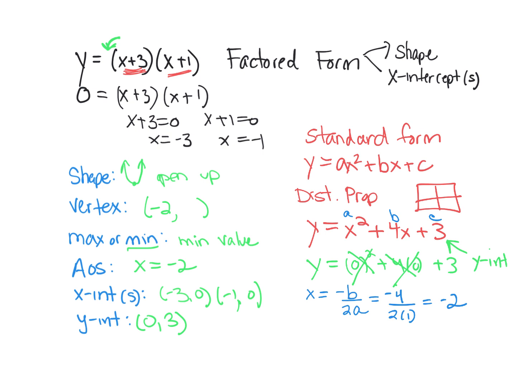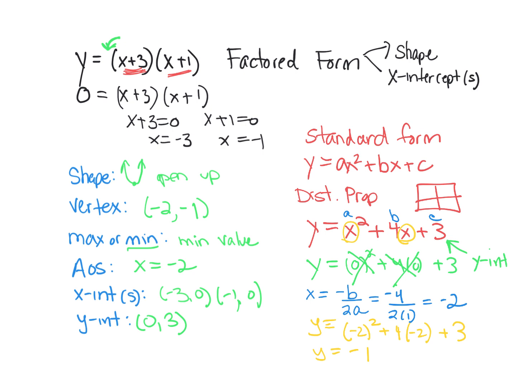Now, if I want to find out what the y-coordinate is, I'm going to substitute that x-coordinate into our equation that's in standard form. That would be (-2) squared plus 4 times -2 plus 3. And if we do that arithmetic, we end up with -1. And that gives us the y-coordinate of our vertex.